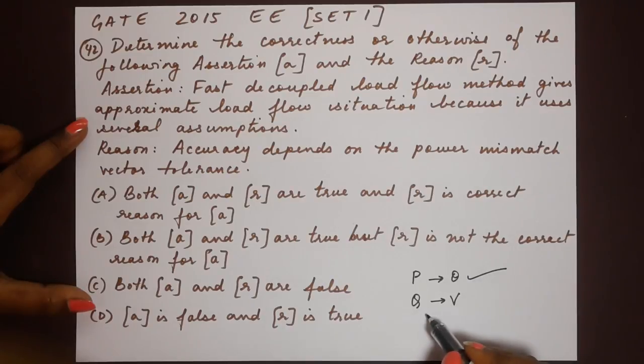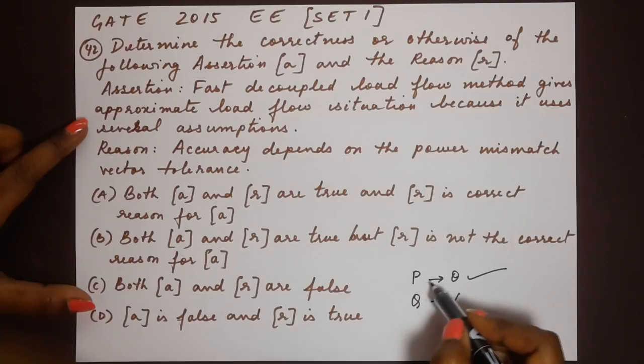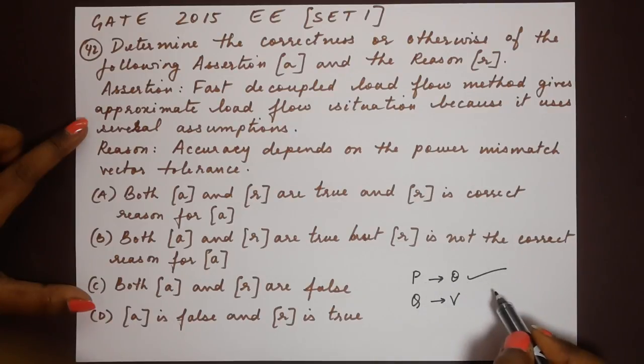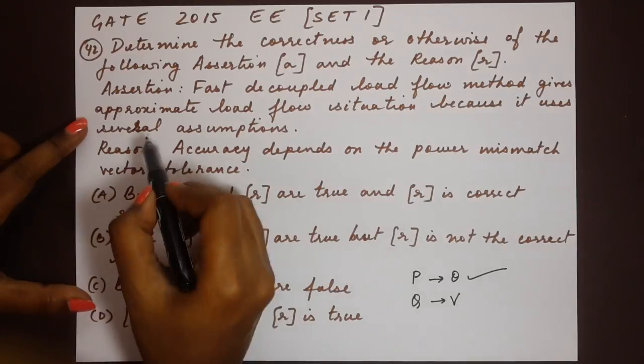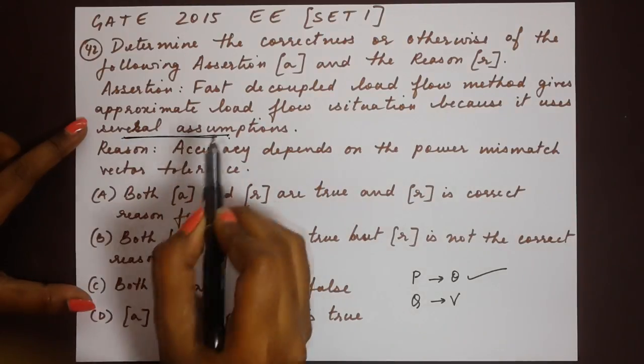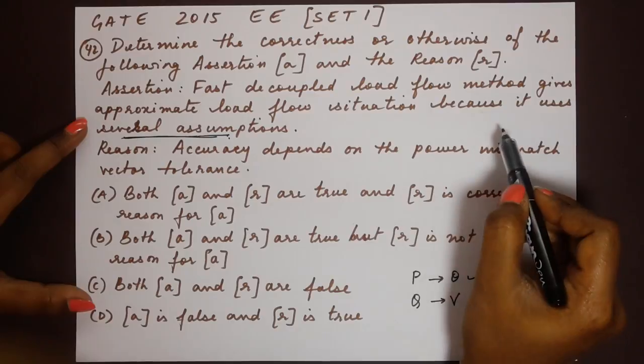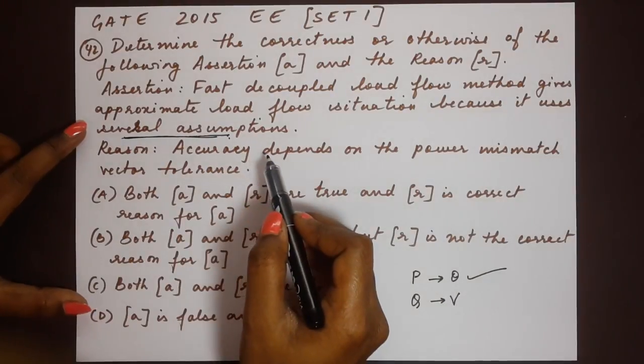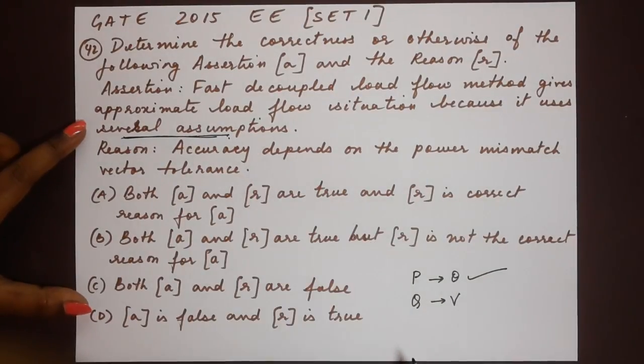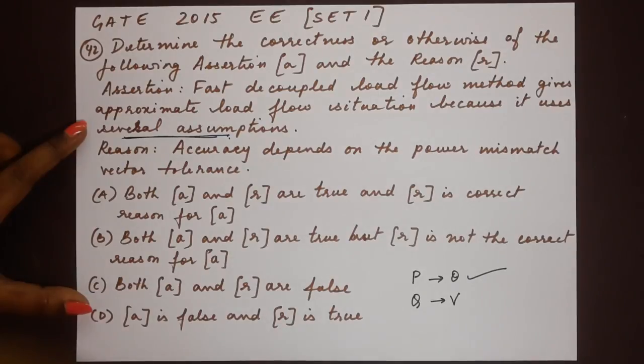We can use the equations of QV and solve and find out the equations of P theta. So in such circumstances, we see that there are not many assumptions. There are no assumptions in fact. So the statement that it uses several assumptions is false. So this tells us that A is false, it is not true.